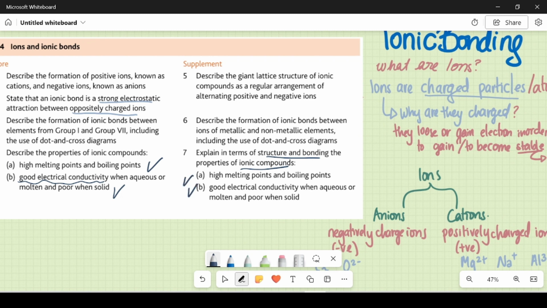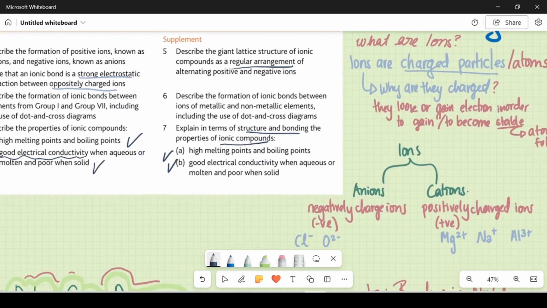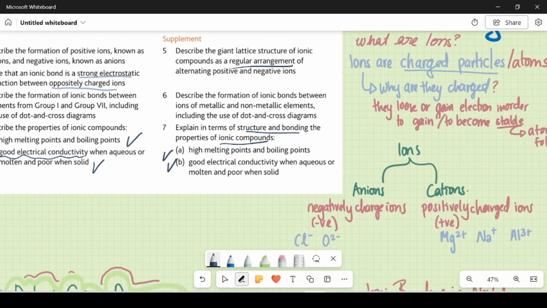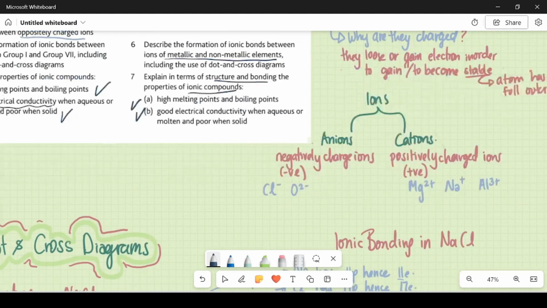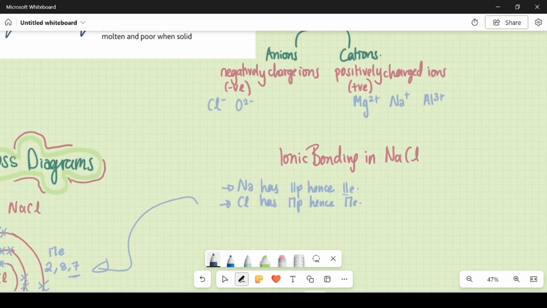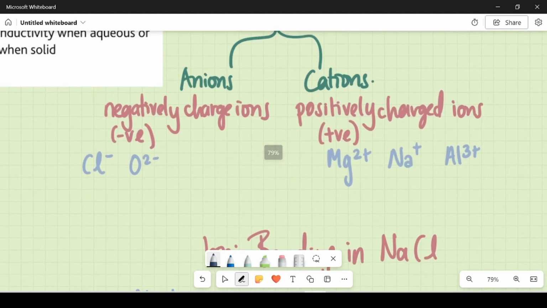And have we done giant ionic lattice structure of ionic compounds and how they are arranged? Yep, we have done that. And we have described the formation of ionic bonds between metallic and non-metallic elements? Okay, we can just revise this. So usually our cations tend to be our metals, right?